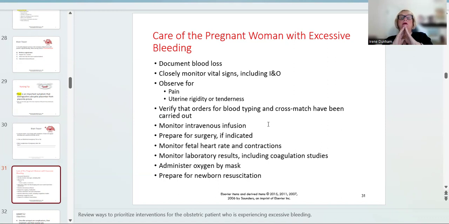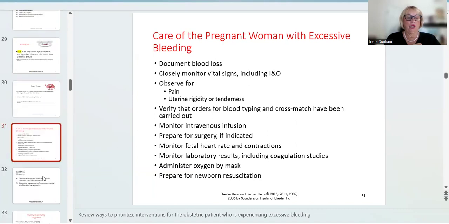When you have somebody who has bleeding, either an abruption or a previa, you're going to have the neonatal team in the operating room. Because we always have to think, mommies have been bleeding and having this problem, my fetus is going to come out with a pretty low APGAR and will need resuscitation. So we want to have the team ready to go.